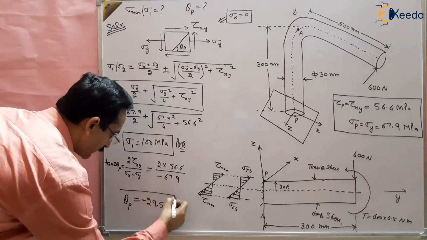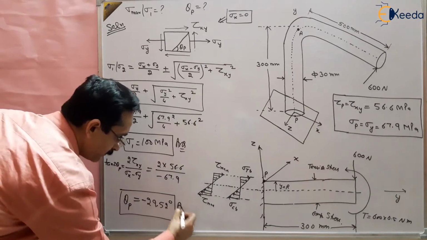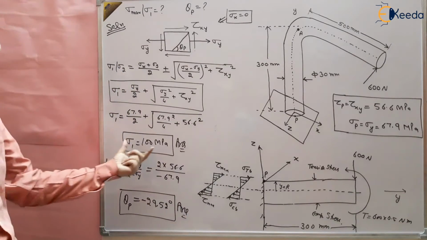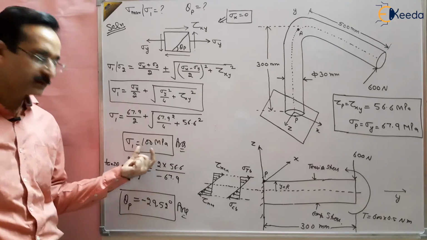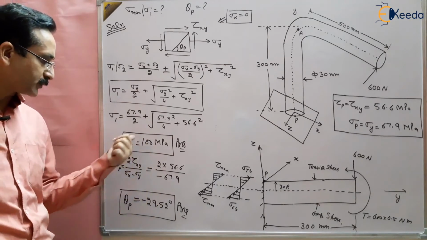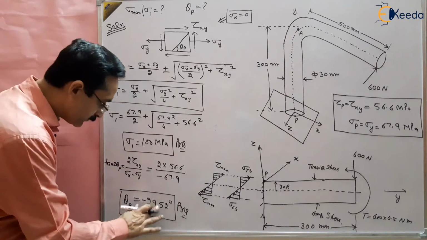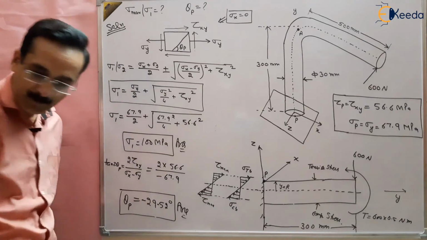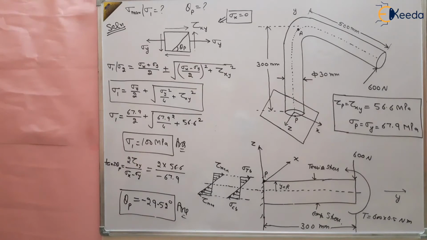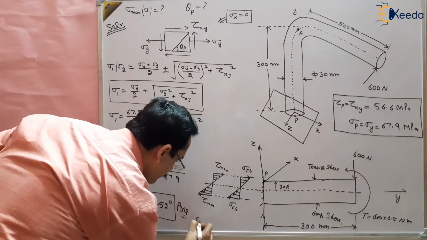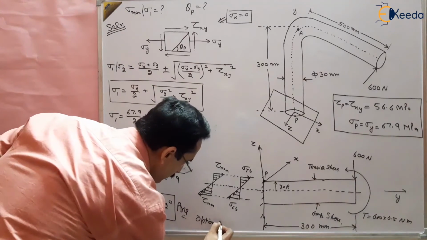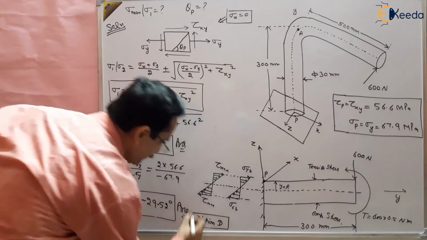So this is the other answer of this question. One answer is the maximum principal stress, 100 megapascal, and the plane at which it acts is minus 29.52 degrees. So the correct option is D. Option D is correct.